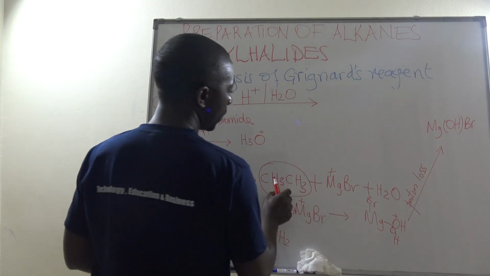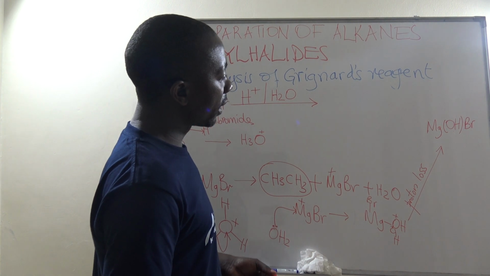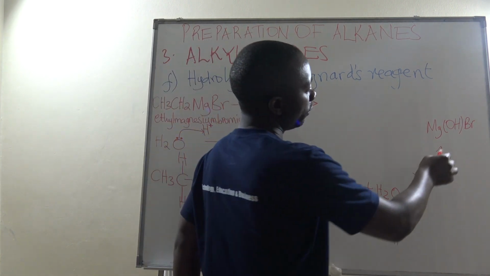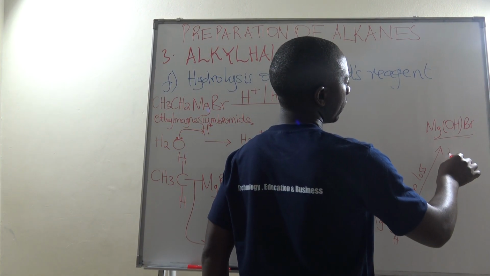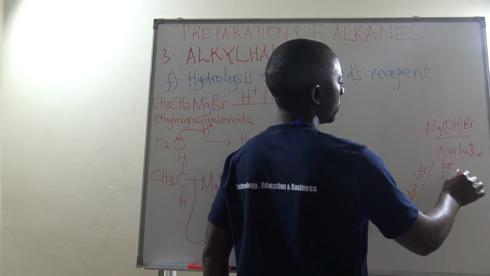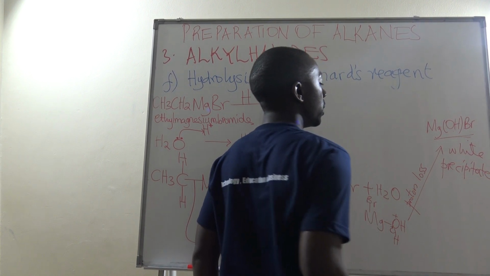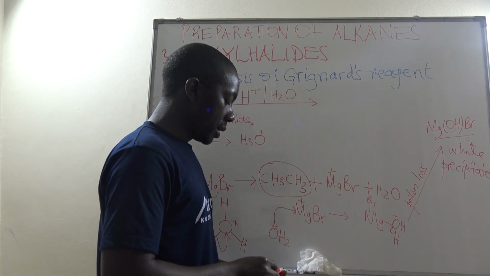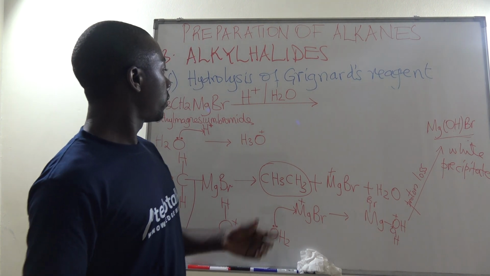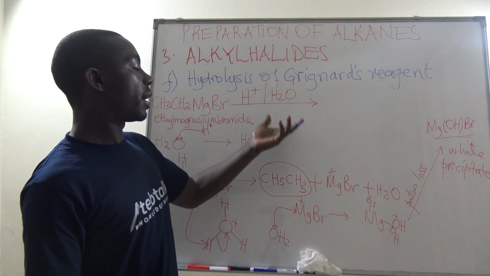Our target was here, but this was left incomplete and highly reactive, so we had to neutralize it to form this. Now this product formed occurs as a white precipitate. One time we can ask you to state what is observed when alkyl magnesium bromide is hydrolyzed.